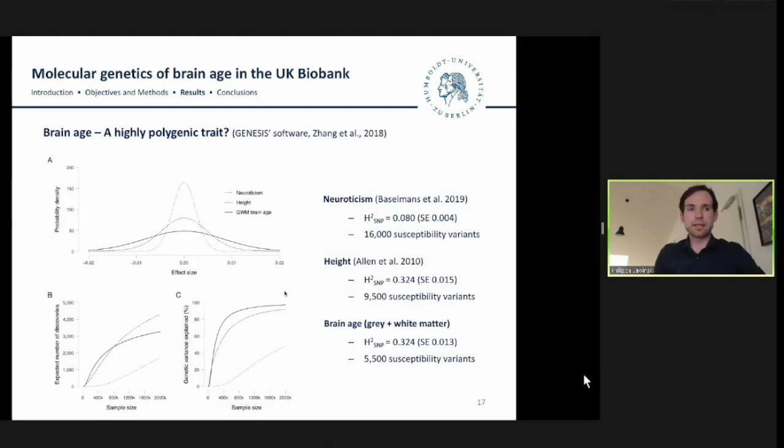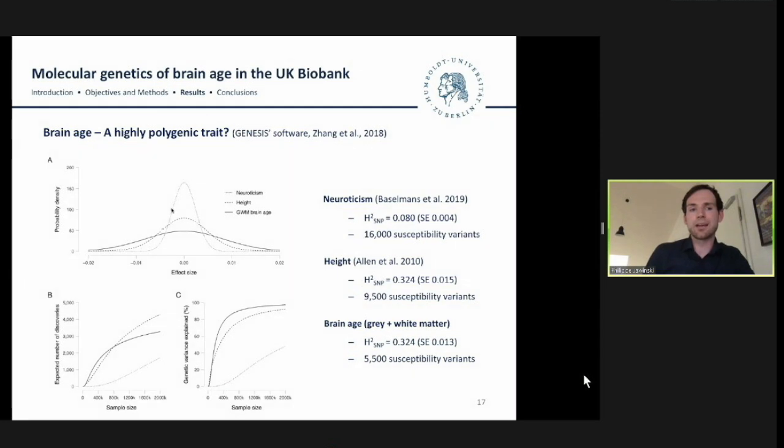All right, one last analysis that we conducted. We wanted to find out whether brain age is a highly polygenic trait. So we conducted a genetic effect size distribution analysis, and we took the polygenic traits neuroticism and height as reference traits. What you can see here is the estimated distribution of underlying susceptibility variants for neuroticism.